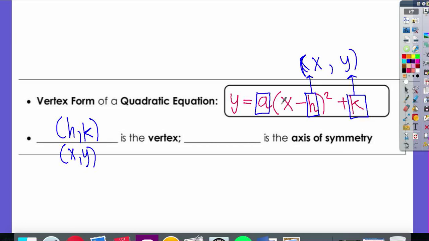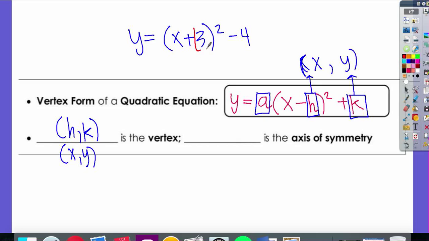So now if I had a vertex form and it was, for example, y equals (x plus 3) squared minus 4, I have to remember that the original formula here had a minus. So the only reason why there would be a plus here is because the 3 itself is also negative.